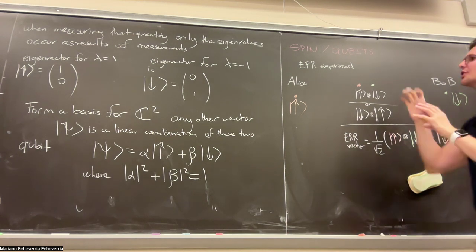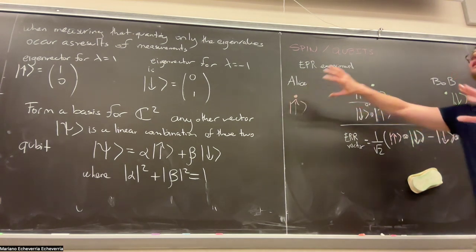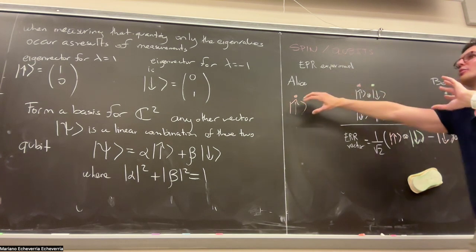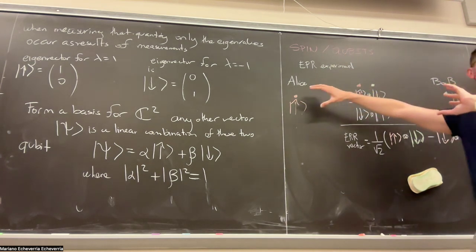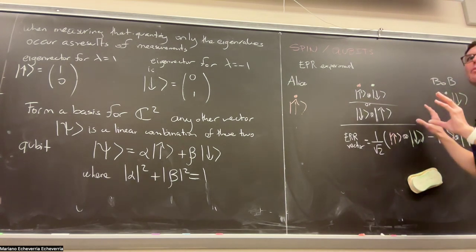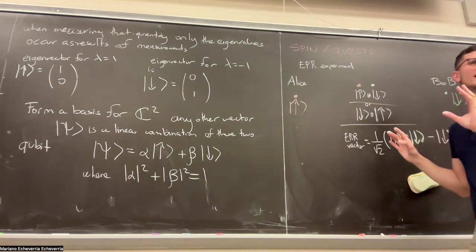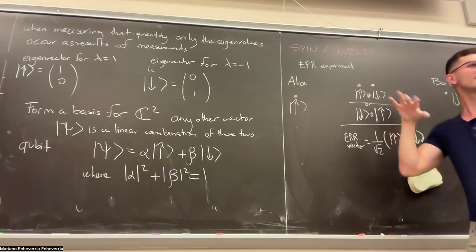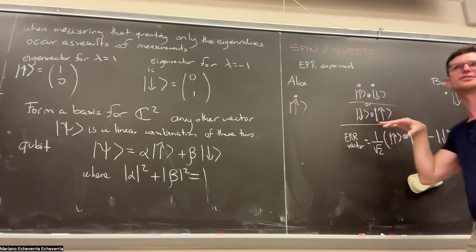You can't think that the measurement travels as a perturbation in space to affect the other one, because it would need to travel faster than the speed of light, and if you know special relativity, nothing can travel faster than the speed of light.